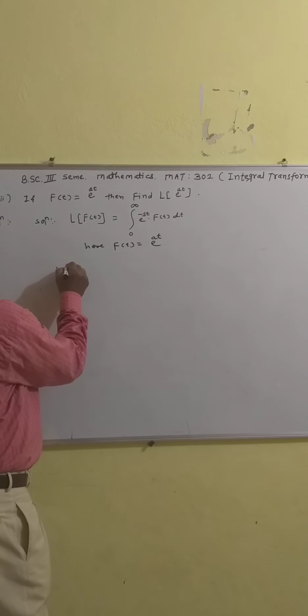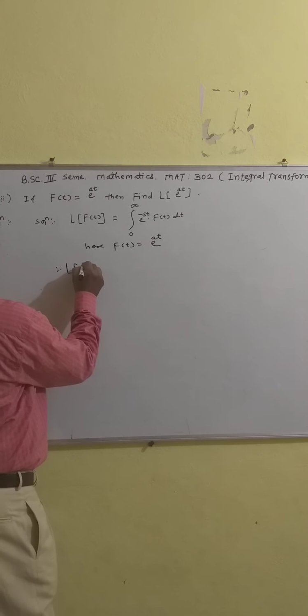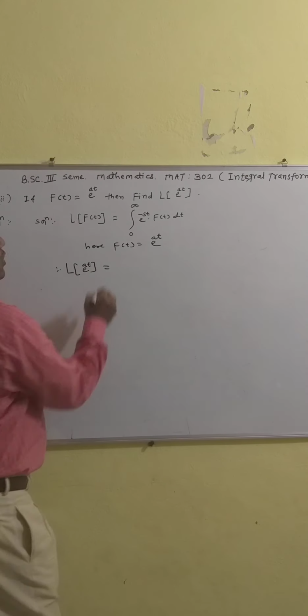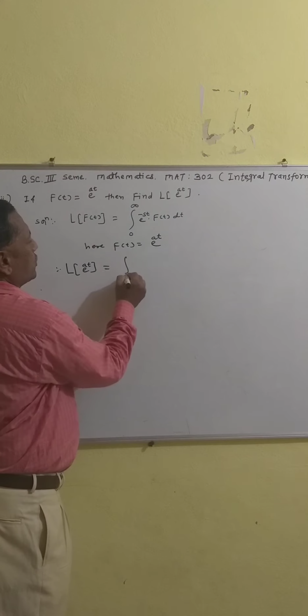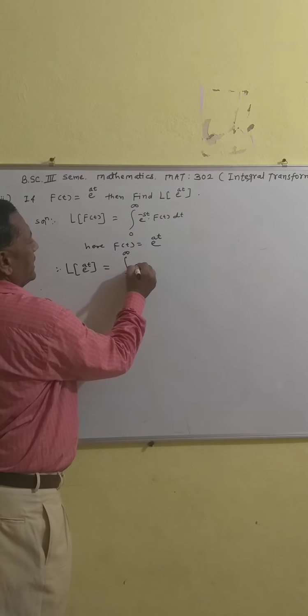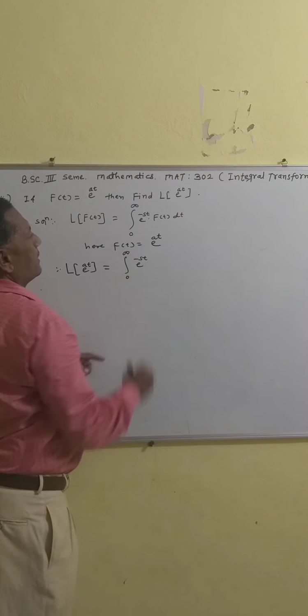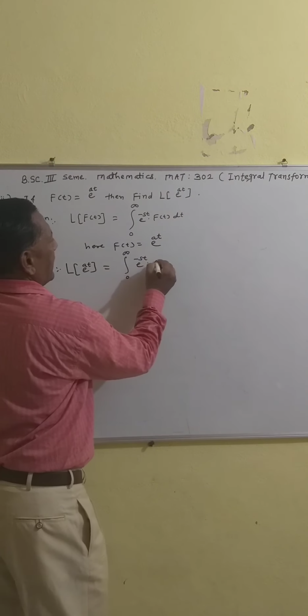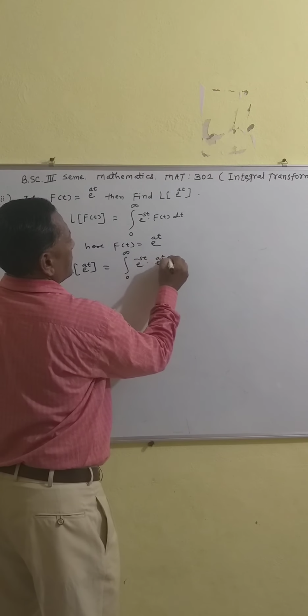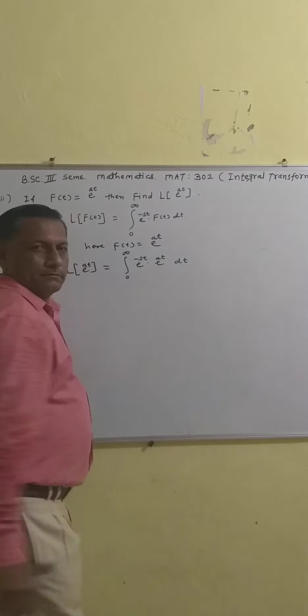Therefore, the Laplace transform of e raised to at is equal to the integration from 0 to infinity of e raised to minus st, and f of t means e raised to at, into dt.